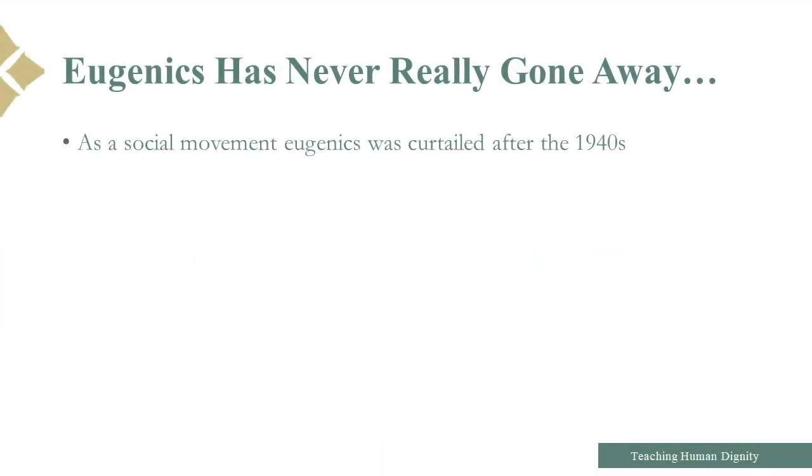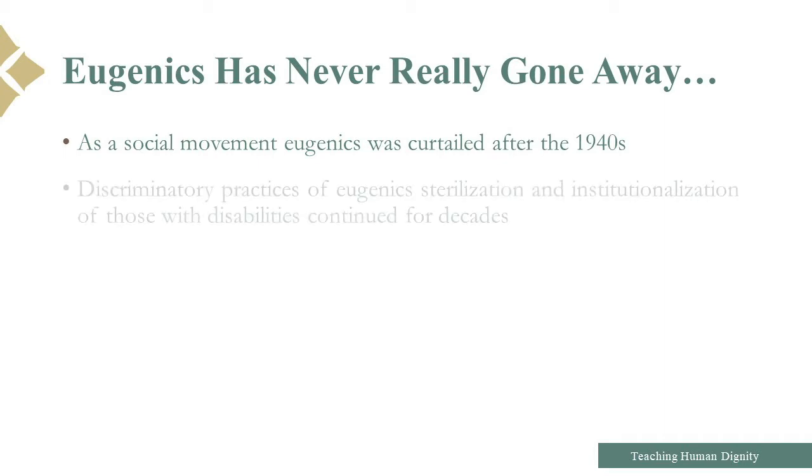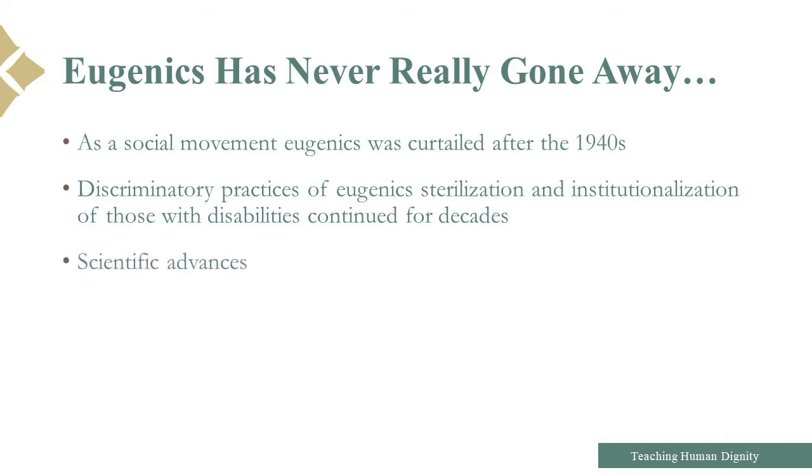While eugenics as a social movement in the U.S. was curtailed after the 1940s, the discriminatory practices of eugenic sterilization and institutionalization of those with disabilities really continued on for decades. Moreover, with the development of the new science of genetics, some geneticists proposed that this new science be used for social engineering.